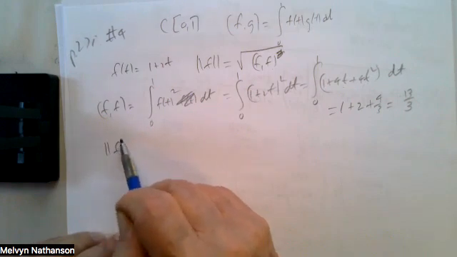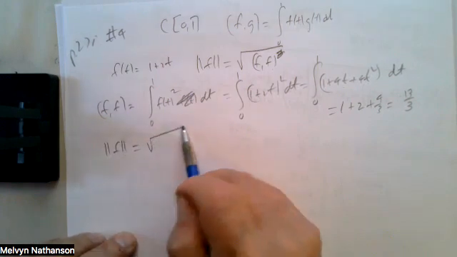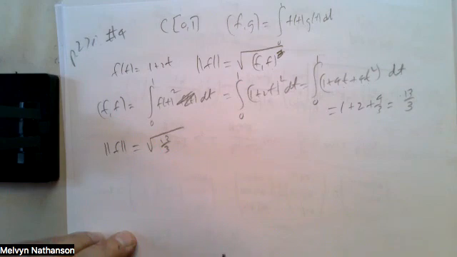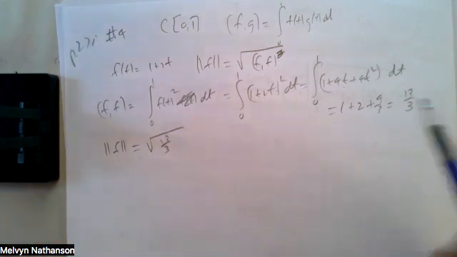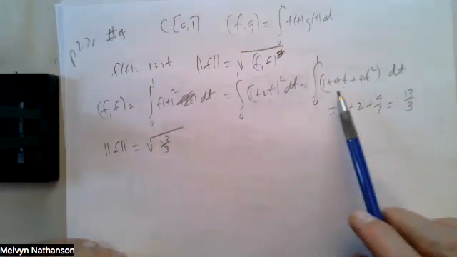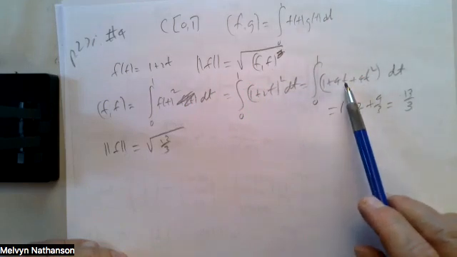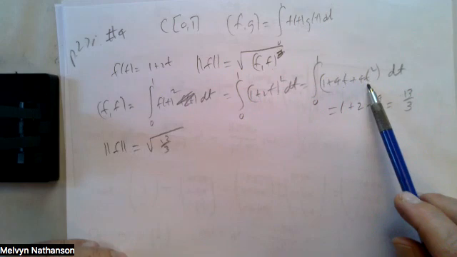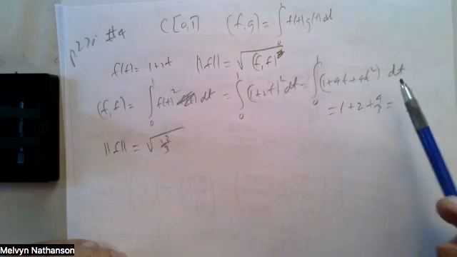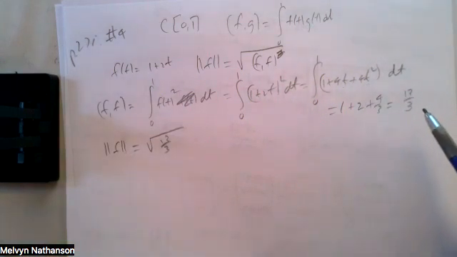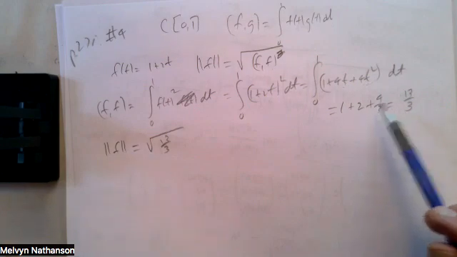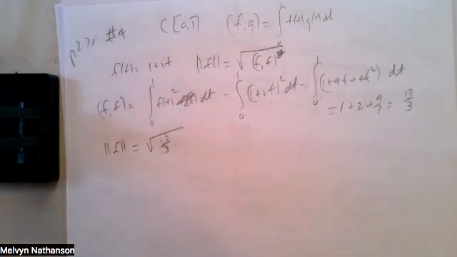So the length of this vector f is the square root of 13 over 3, if I did my arithmetic correctly. That's the length of f, for example.